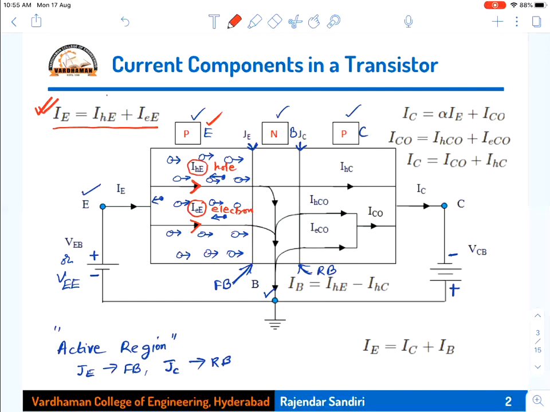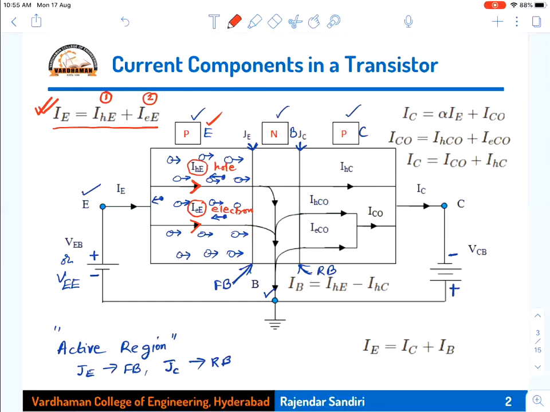One is due to movement of holes, and another is due to movement of electrons. Due to the flow of electrons from base to emitter, it constitutes the electron emitter current, IEE. Due to the flow of holes from emitter to base, it constitutes the hole emitter current, IHE. In total, the current in the emitter region is the current due to holes plus the current due to electrons. Therefore, the equation can be written as IE equals IHE plus IEE.